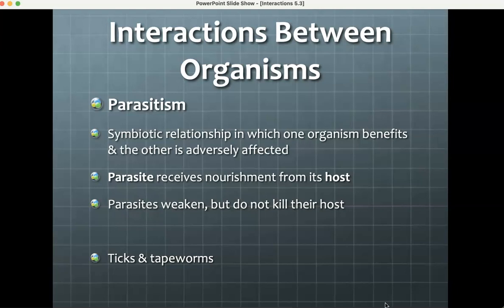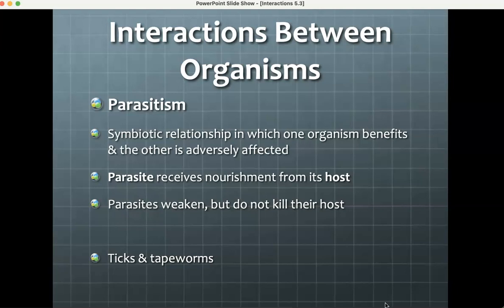Parasitism. This one you know already walking in the door. But let's see if they could textbook it up just enough to confuse us, huh? So parasitism is a symbiotic relationship in which one organism benefits, I would say greatly, and the other is adversely, negatively affected. All right. The parasite receives nourishment from its host, and the goal of a parasite is to weaken but not kill.